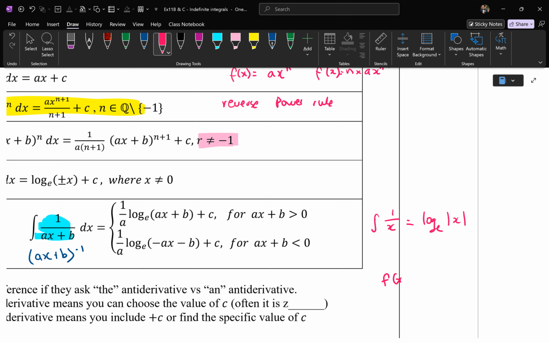So for example, we work backwards or forwards. If I gave you log e of positive x and I said find the derivative, you'd say it's 1 on x. But if I gave you f of x equals log e of negative x, and I said find the derivative, you'll find that the answer is also 1 on x because the double negatives will cancel out.